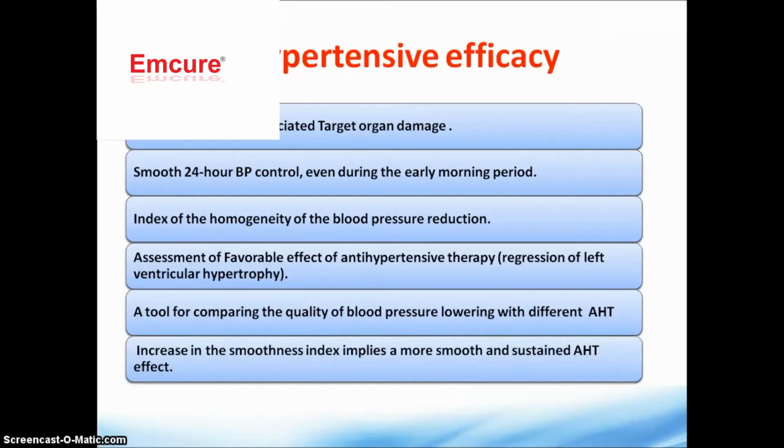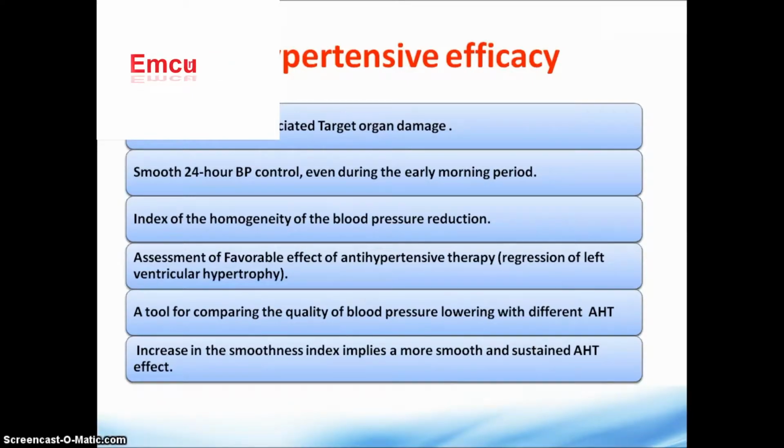Then we have a smoothness index, which is an index of homogeneity, as I explained in my previous discussion. An increase in the smoothness index implies a smoother and more sustained antihypertensive effect.